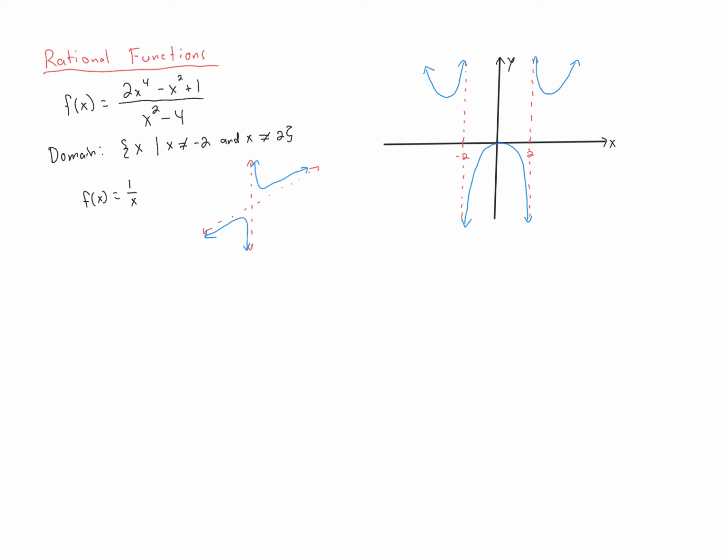Again, I just want us to review a plethora of things that you should have seen before, things that I'd like to remind you of. Now that we have seen all of these different families of functions, I want to talk about algebraic functions in general.